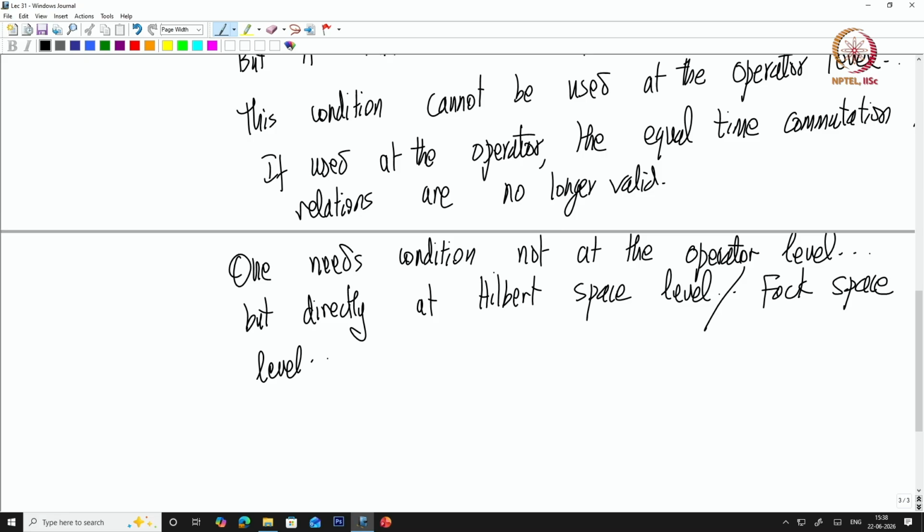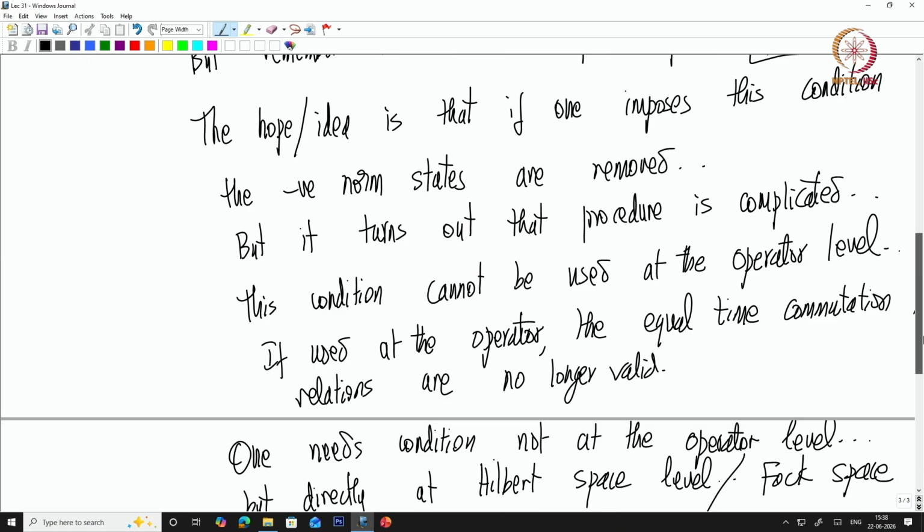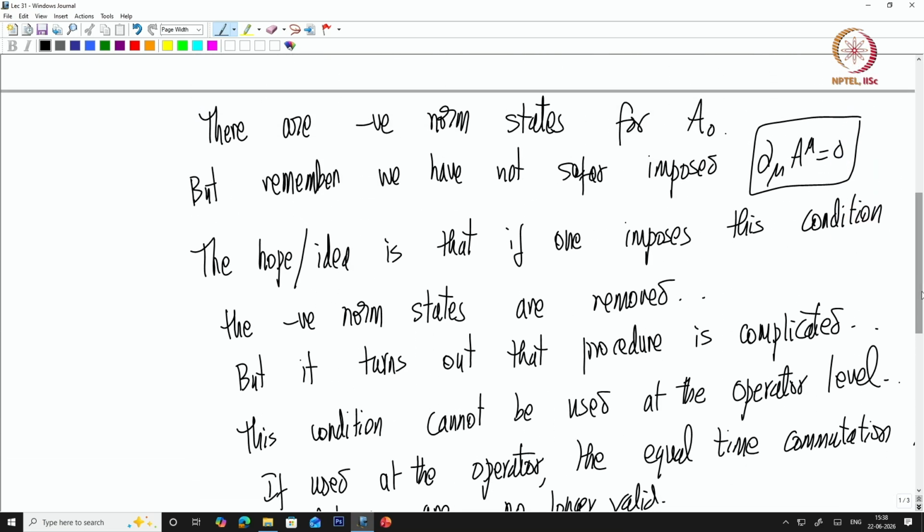So, suppose I impose the condition that only those states which satisfy these conditions are the physical states. So, something like del mu A mu acting on the state should go to 0.